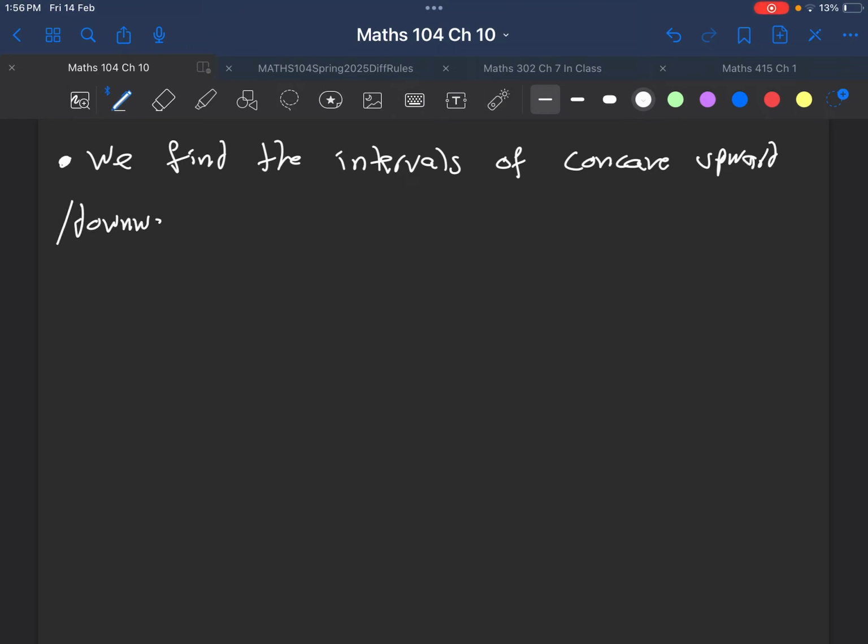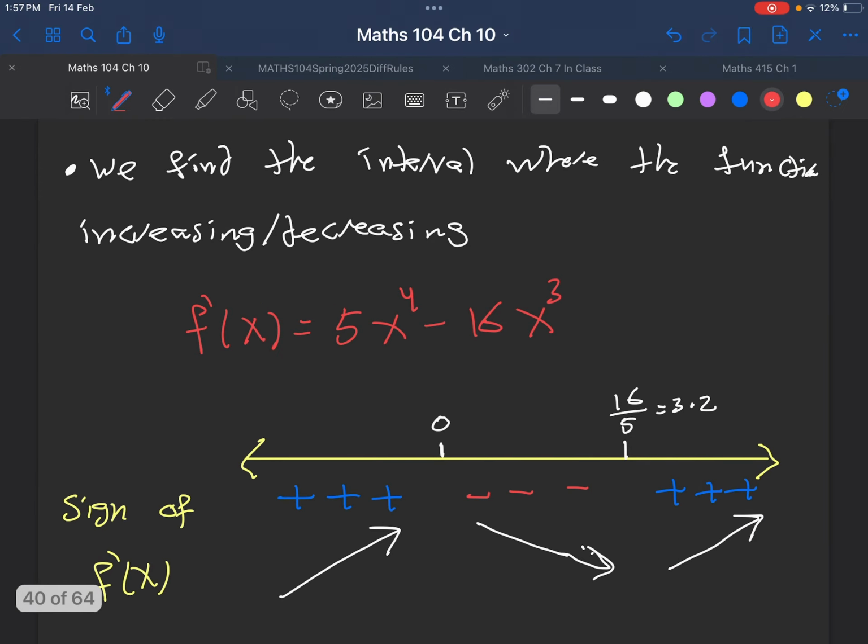Now, how do we find it? We need to go ahead and deal with the second derivative. So the second derivative will be, now this is the first derivative.